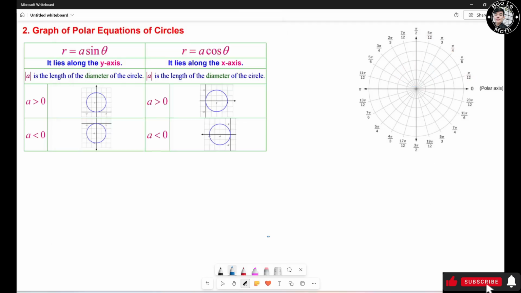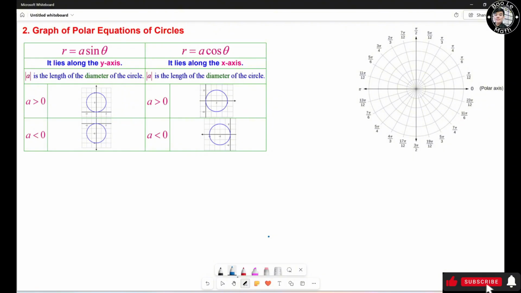Now I just showed you 2 different ways to graph the polar equation of circles. The first one, we create a table of values and graph it by hand. The second way, we use the TI-Nspire calculator and the TI-84 Plus CE calculator. Now the third way, I'm going to show you how to convert the equation of the circle from polar to rectangular form to graph it.